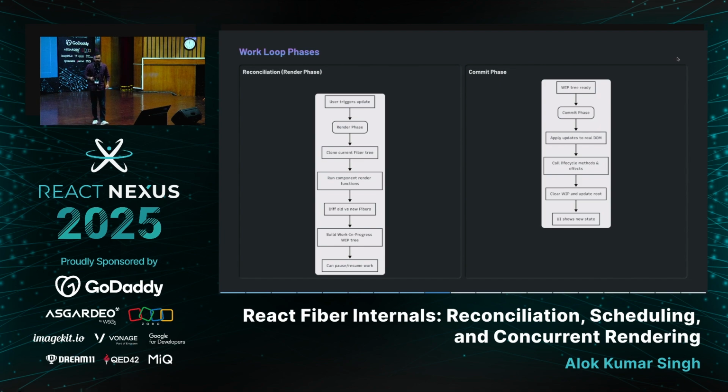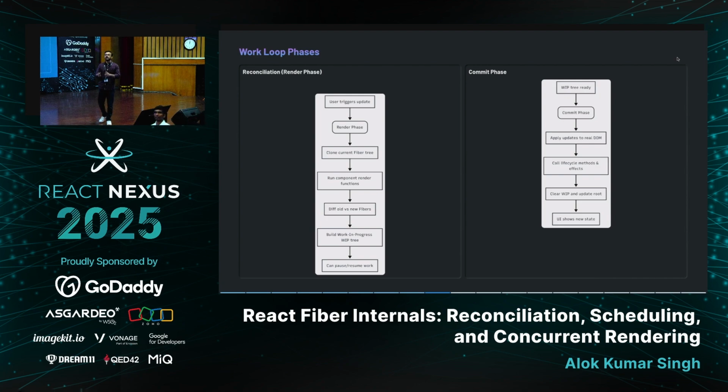This will clone the current fiber tree, then run its render function, then compare the old versus new, and a full-fledged work in progress tree is created. And all this process is interruptible in nature. That means React can pause these steps, the render phase, and give control back to the browser to do other stuff. We will discuss that in later phases.